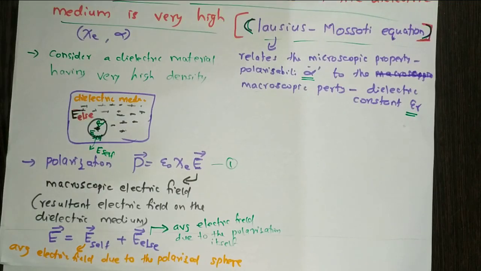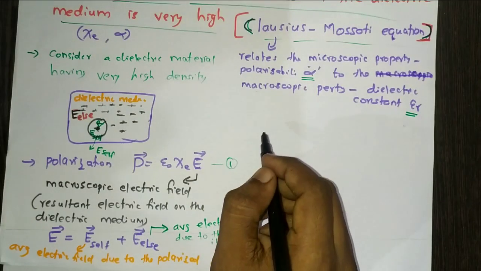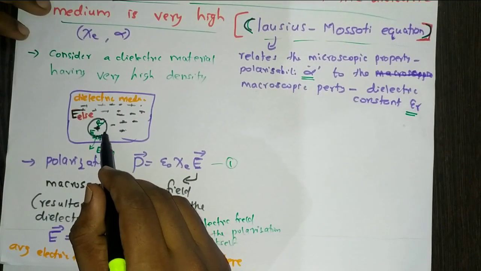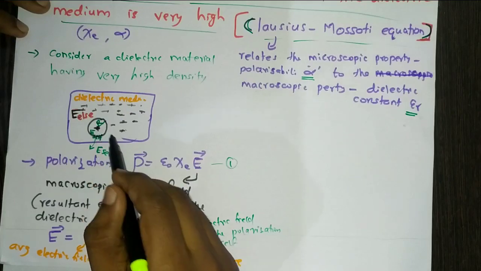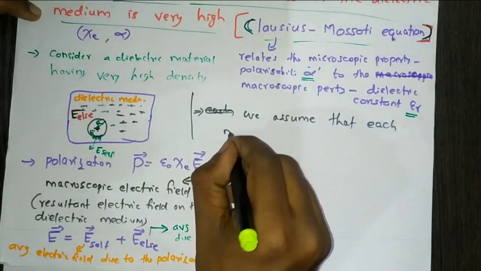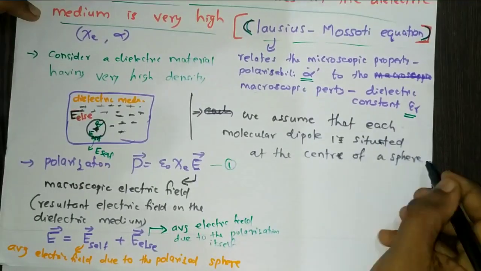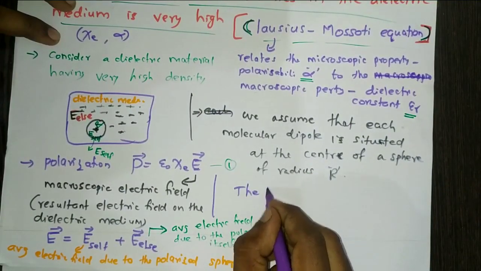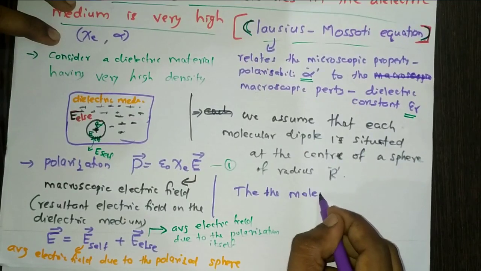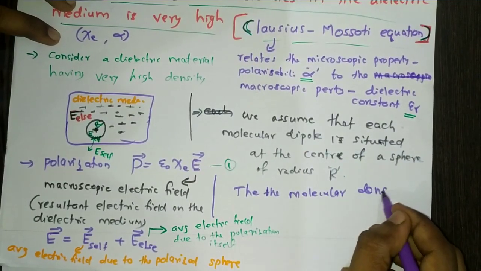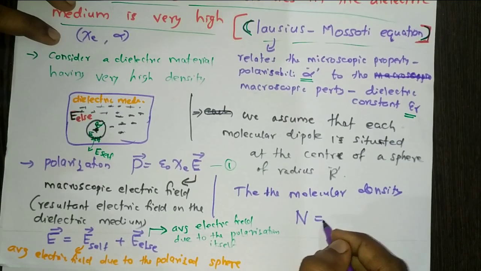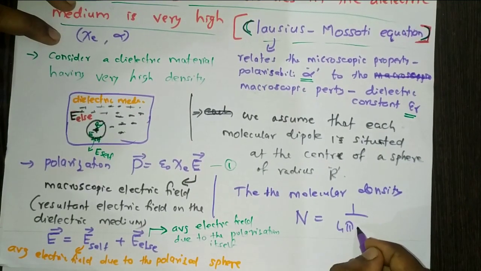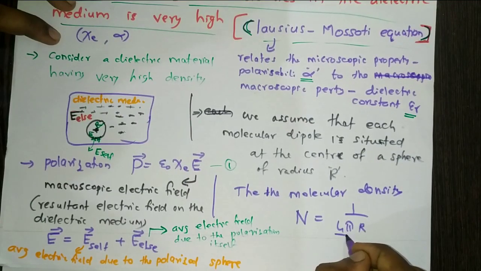Here I would like to note one more point. We assumed that each molecular dipole is situated at the center of a sphere of radius r. Then the molecular density can be taken as n is equal to 1 by 4 by 3 pi r cube.